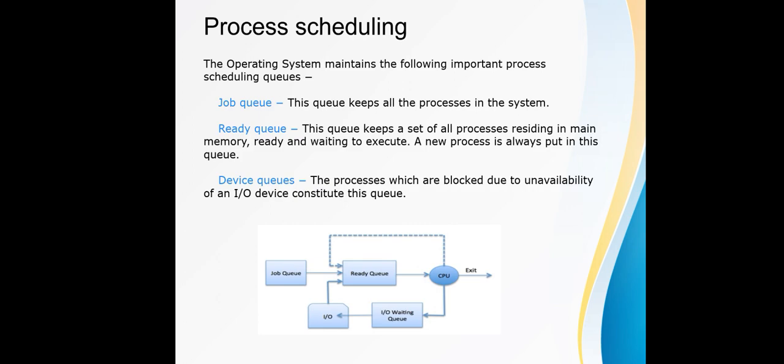The processes which are blocked due to unavailability of an input output device constitute this queue. It means if one process acquires the keyboard, no other process can get the driver for that particular keyboard, so that process should enter a waiting queue for that device. In this way, the process life cycle is practically executed.